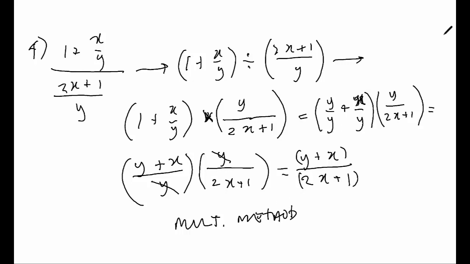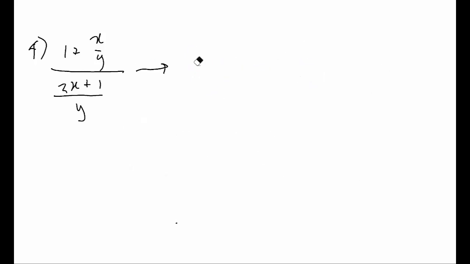If you notice, the lowest common denominator here turns out to be y. So I'm just going to erase all this here. So here we go. Now I'm going to look for the lowest common denominator here. So the lowest common denominator here is y. Okay, so that's fair enough. Or we can say y over 1 to keep things tidy.